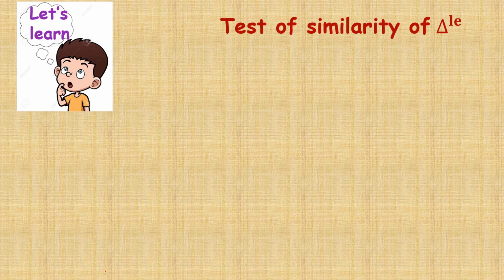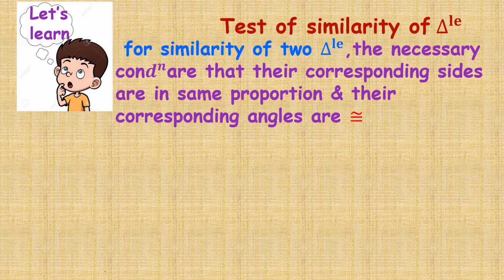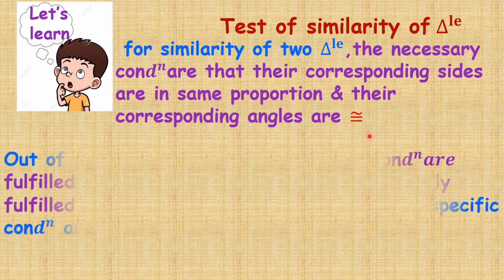Now let us learn test of similarity. For a similarity of two triangles, necessary conditions are that their corresponding sides are in the same proportion and corresponding angles are congruent.